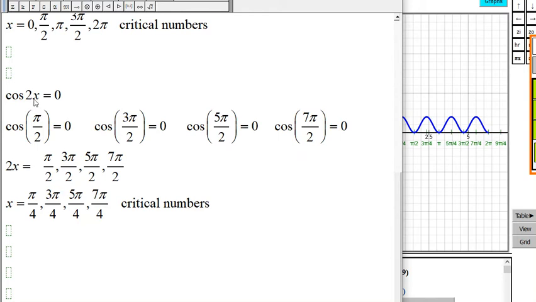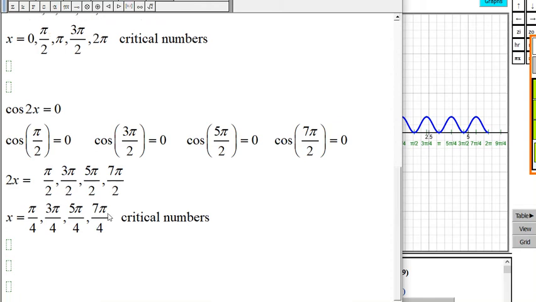So that means 2x is equal to pi over 2, 3 pi over 2, 5 pi over 2, and 7 pi over 2. Then divide everything by 2, or multiply everything by a half, and we get x equal to pi over 4, 3 pi over 4, 5 pi over 4, and 7 pi over 4.